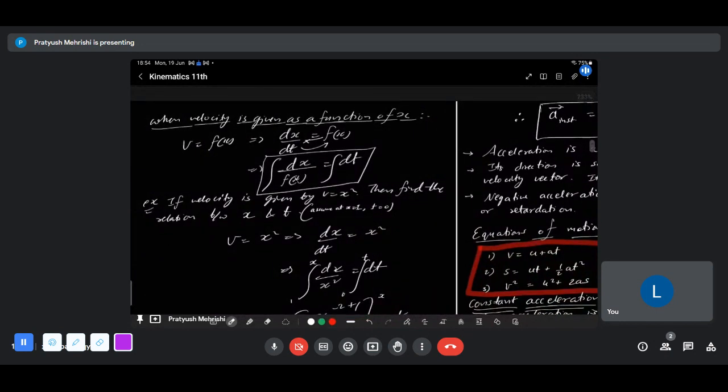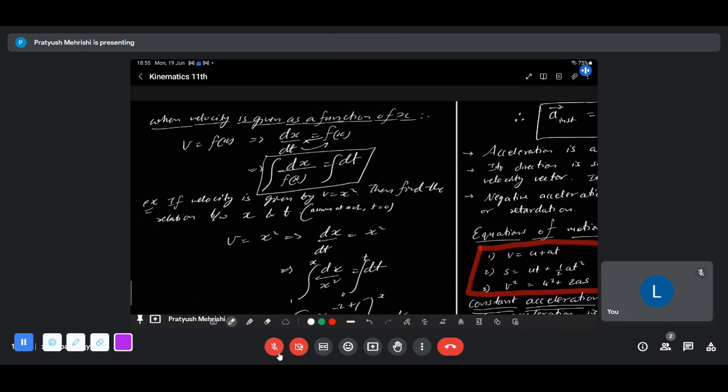When velocity is given as a function of x, then we need to use integration. dx by dt is velocity, and this is equal to f of x. Then we take the terms of x on one side and terms of time on the other side, and integrate both.